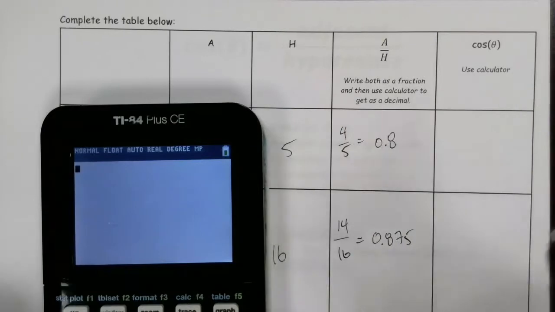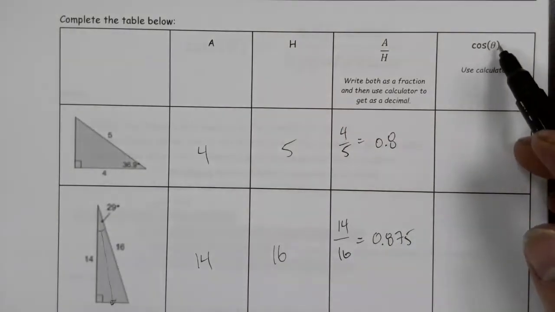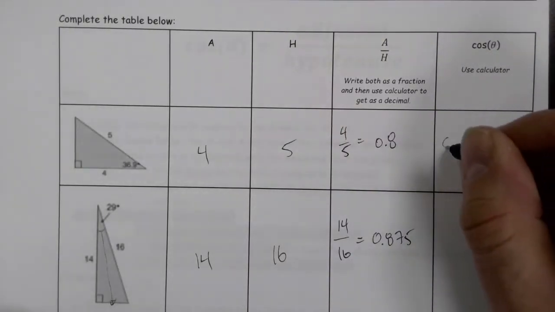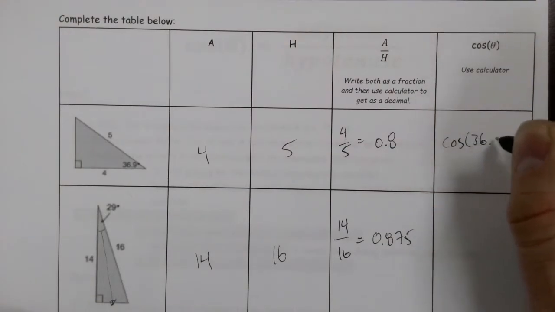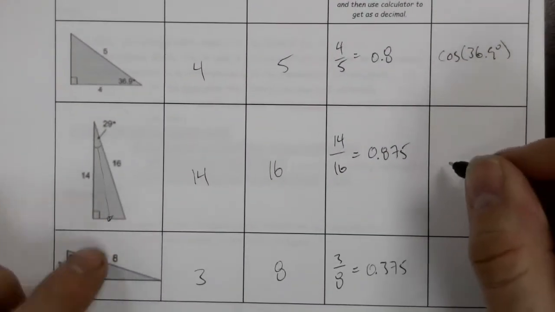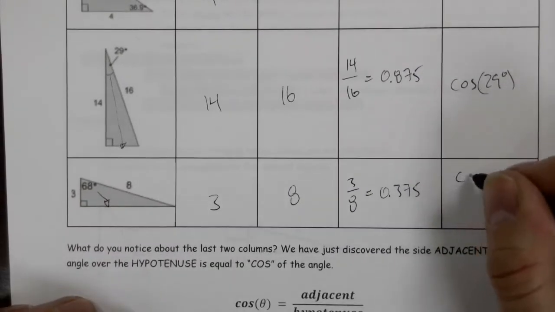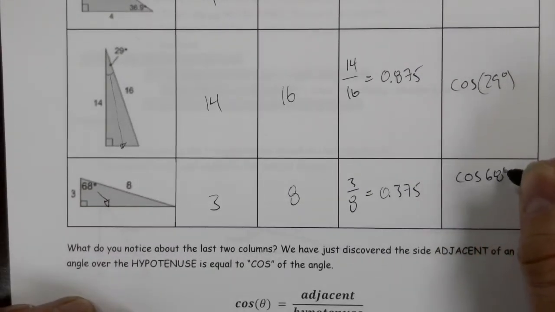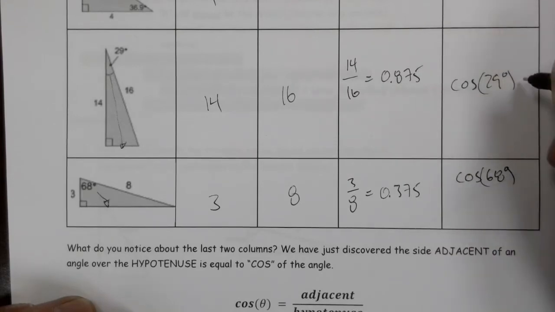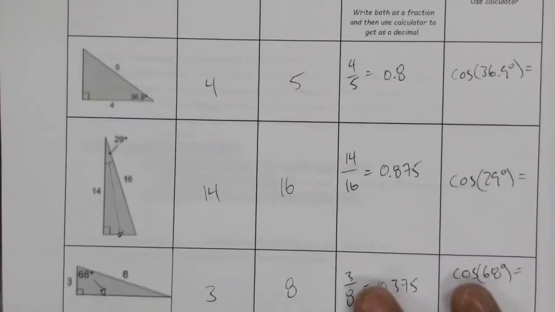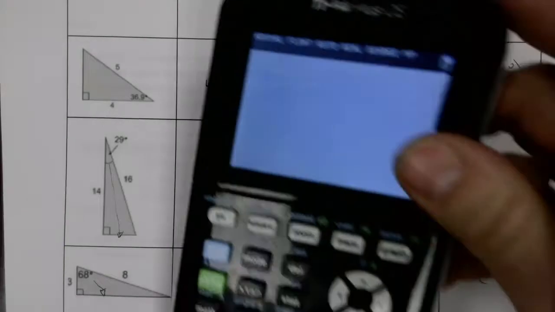a quick look at the cosine of the given angle. So we're going to look for the cosine of 36.9 degrees. Then here this is going to be the cosine of 29 degrees. And here we'll have the cosine of 68 degrees. And now I'm going to go to my calculator and let my calculator tell me what all those are.